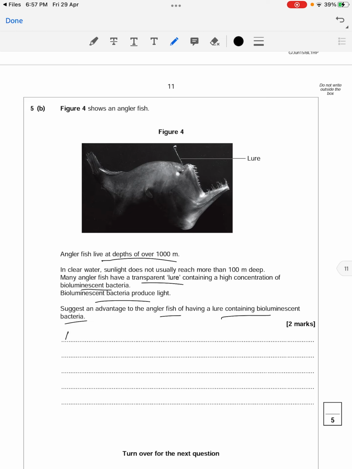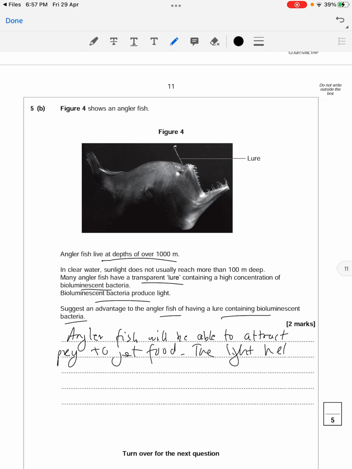So that itself gives you an understanding that, you can say for 2 marks, the anglerfish will be able to attract prey to get food, because it's hungry. This can also be used as a sign to help the anglerfish.